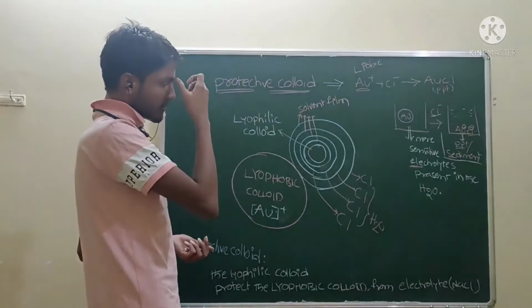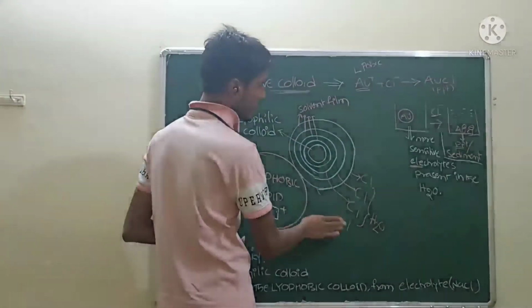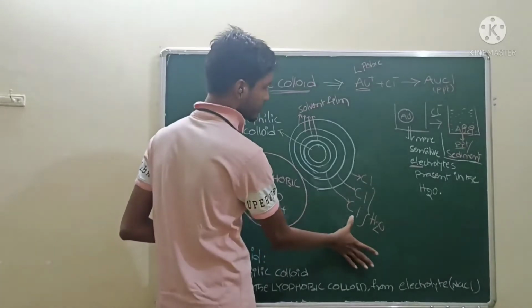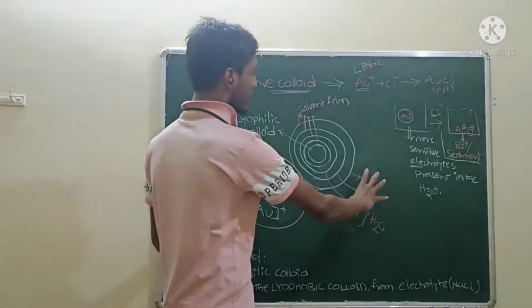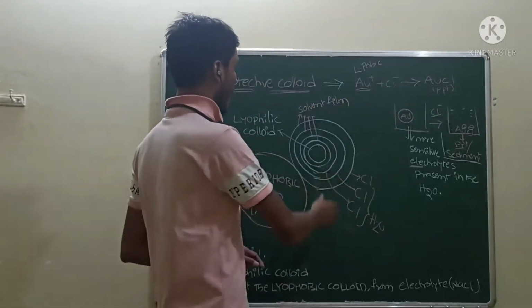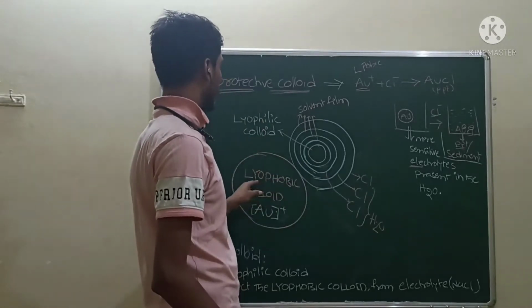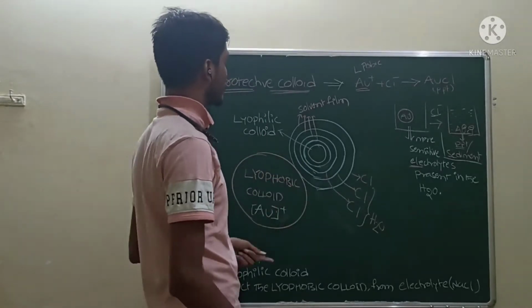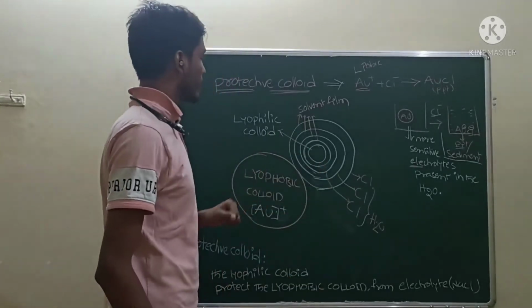So what will happen? See, these three electrolytes just remove three layers of solvent films. Still the lyophobic colloid system is stabilized due to the presence of lyophilic colloid on the lyophobic particles.